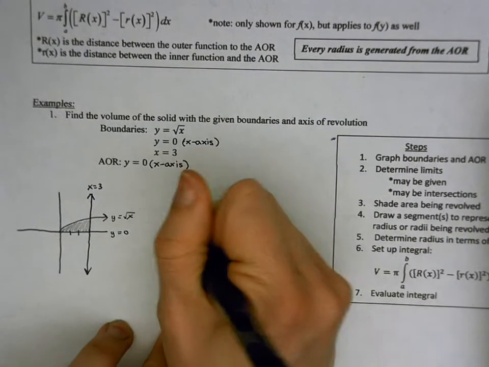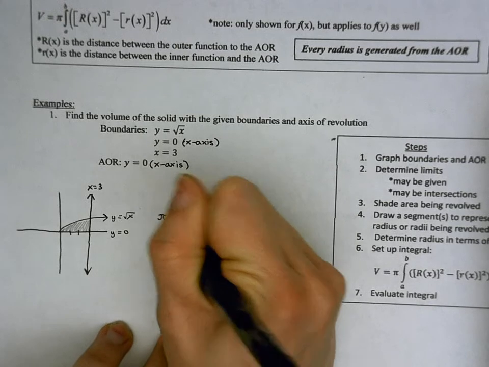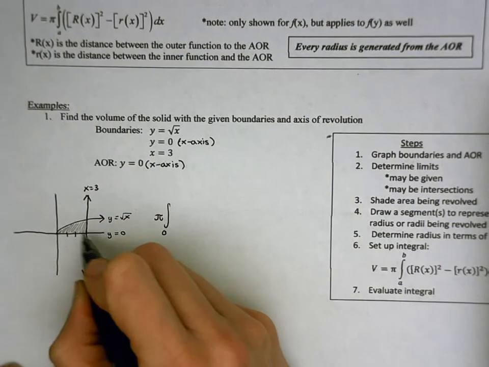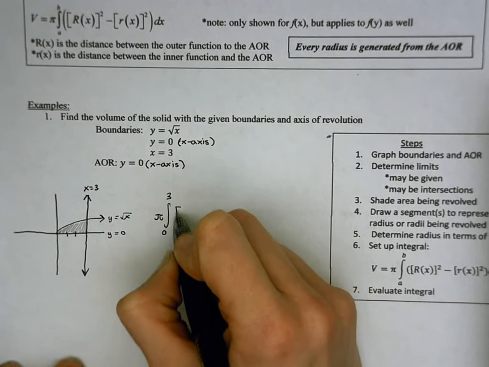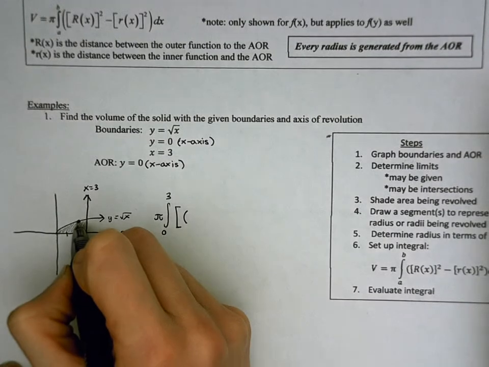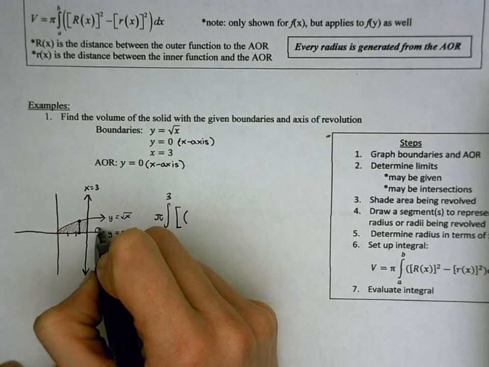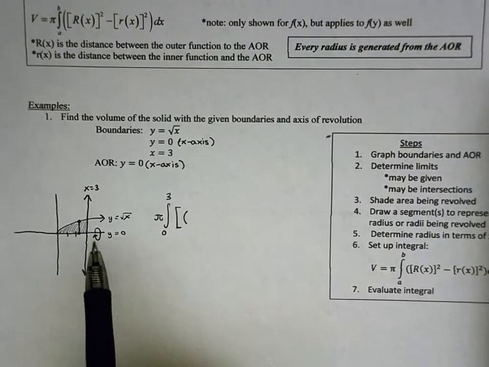And so we have our integral pi r squared, don't forget the pi. Our bounds go from 0 over to the vertical line, which is at x equals 3. My big R is going to be the distance from my axis of revolution to the farthest point on the graph that I can touch, or the farthest point of the shaded region I can touch.